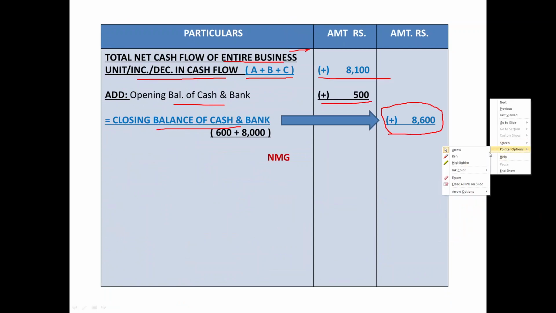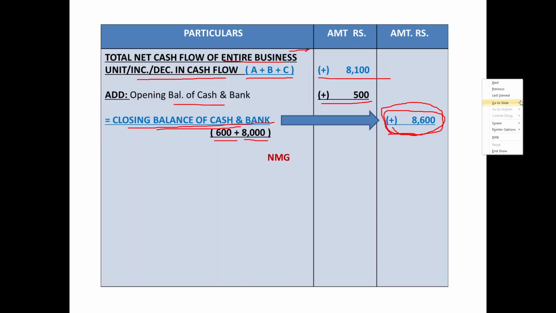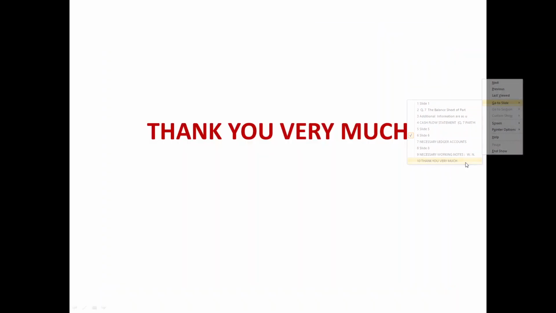Yes, it is also 8,600. Closing balance of cash and bank: 600 is the cash balance, 8,000 was the bank balance, and total 8,600 closing balance of cash and bank. So this was the process to reach the final answer of closing balance of cash and bank.